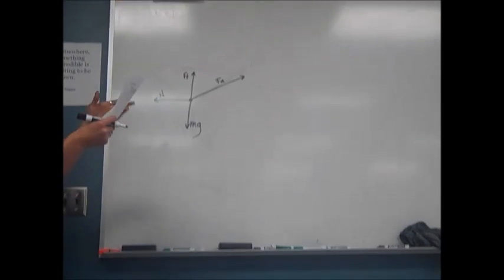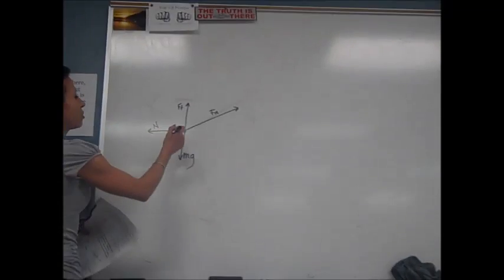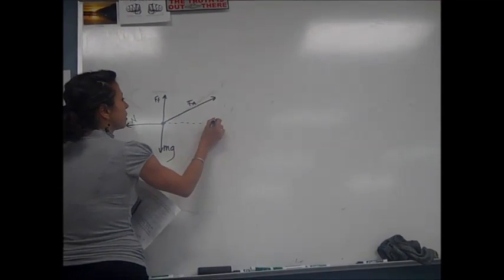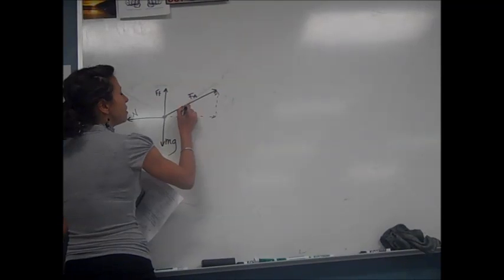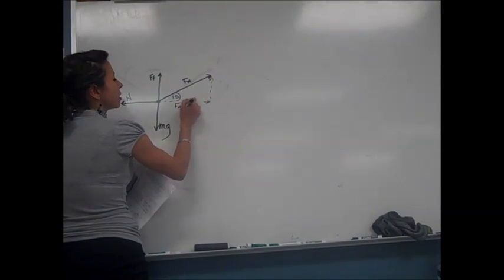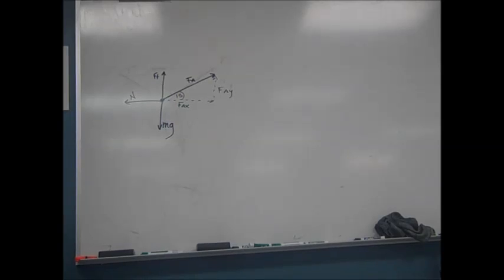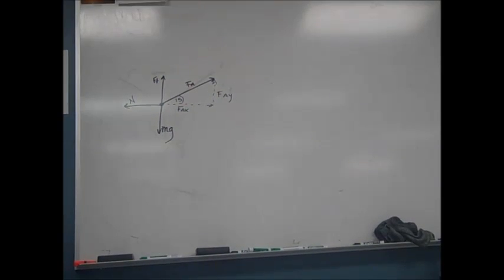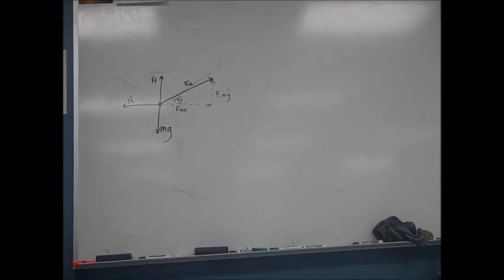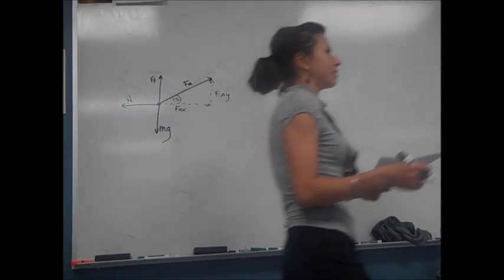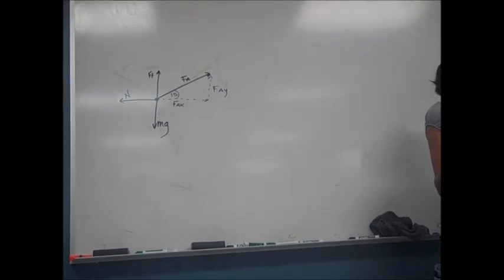Okay, so then they give you all these numbers, but you want to sketch in the components of your applied force. This is 15 degrees, this is FA in the X direction, and this is FA in the Y. And then it says something very important. It says it does not move. So, what does that tell you? What information? Zero.